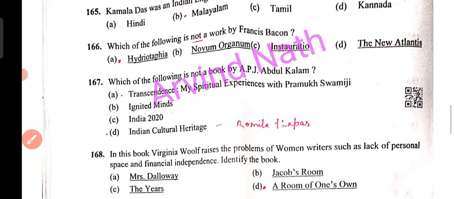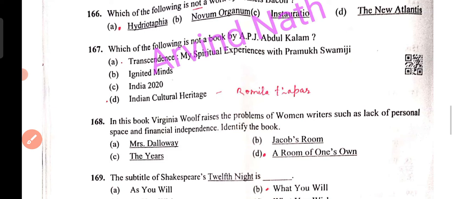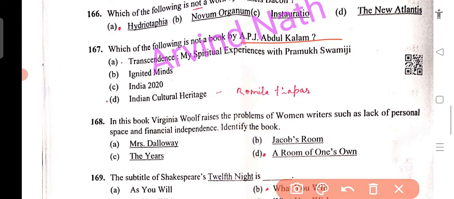Now the question number 167, which of the following is not a book by APJ Abdul Kalam? So its answer will be the option number D, Indian Cultural Heritage, because it is written by Romila Thapar.